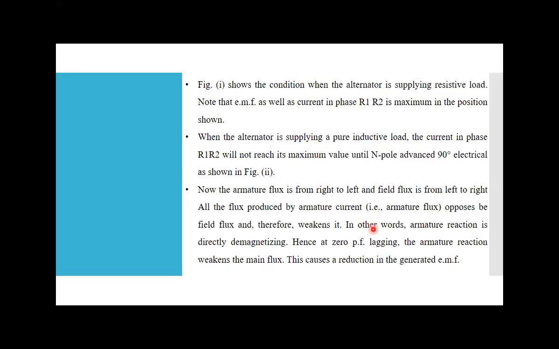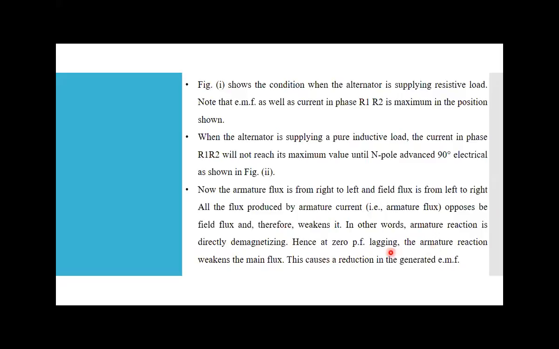You just learned it in the fourth semester and you already studied it in the third. It's already been 6 months, so they forgot all the things. So when your flux is weakened, it is known as demagnetizing. In other words, the armature reaction directly demagnetizes, because your flux is already weak.